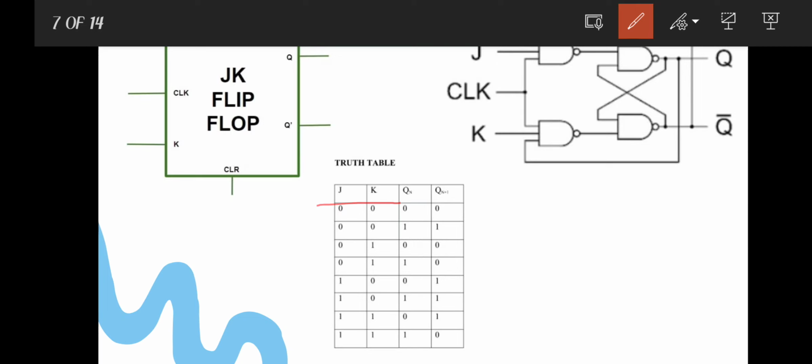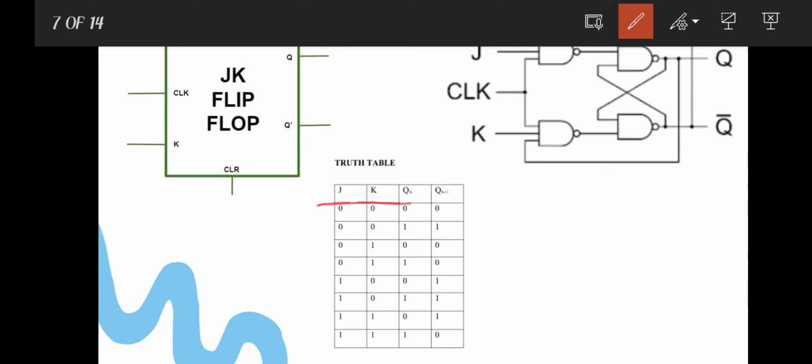The main use of the JK flip-flop is that we are changing the indeterminate condition in the SR flip-flop to a toggled state. We are naming that SR as JK.